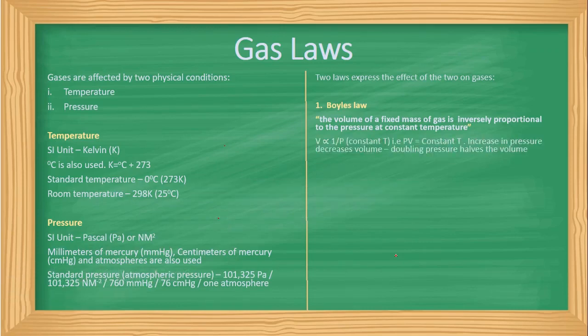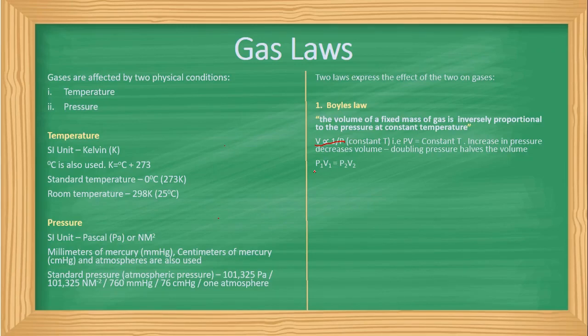So this is represented like I've put it in this presentation, and what it means is that increase in pressure decreases volume. If you double pressure, you halve the volume. In terms of formula representation, P1 V1 is equal to P2 V2.